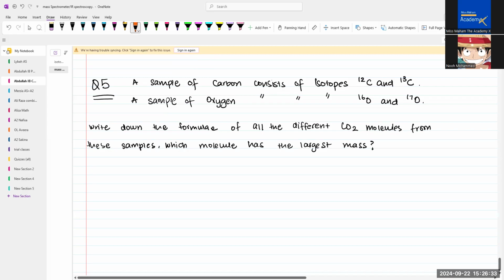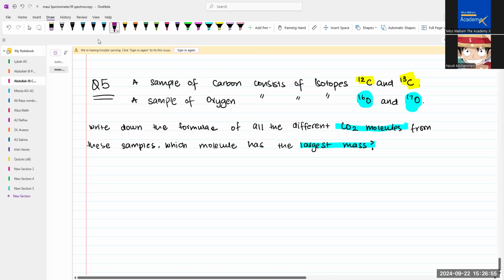The question says that a sample of carbon consists of isotopes carbon-12 and carbon-13, and a sample of oxygen consists of isotopes oxygen-16 and oxygen-17. Write down the formula of all the different CO2 molecules from these samples. Which molecule has the largest mass?